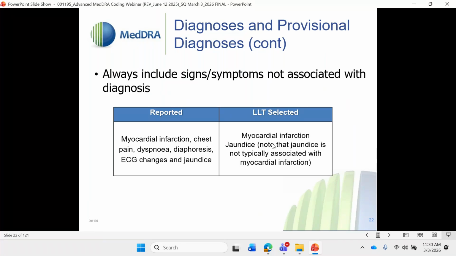So again, in parentheses, we make a note that typically jaundice is not associated with myocardial infarction. Therefore, we would code that particular sign or symptom. So again, the take-home message is always include signs and symptoms that are not gold standard signs and symptoms of that particular diagnosis.